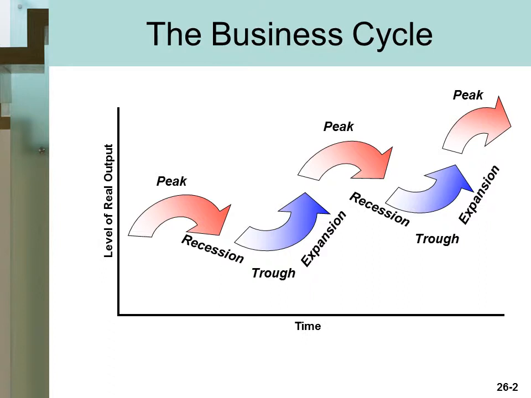And then eventually we bottom out. In other words, things stop getting as bad as they've been, and we experience what's called the trough, which is the bottom of the business cycle. And then eventually things start to pick up again, and we start a new economic expansion.